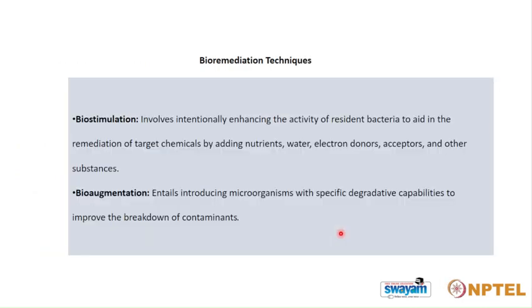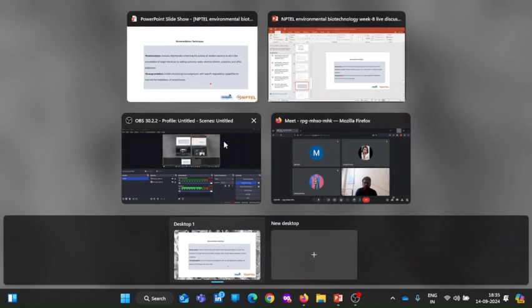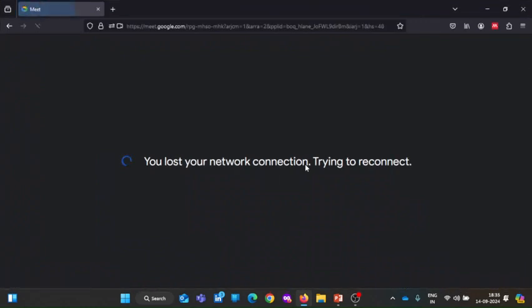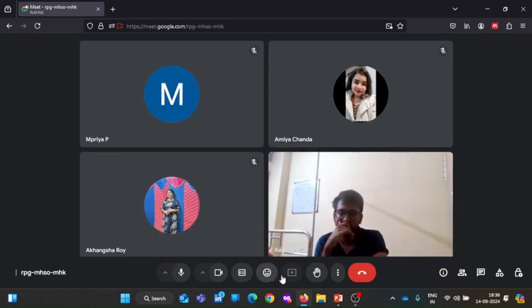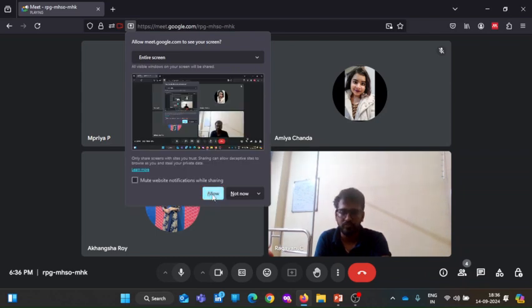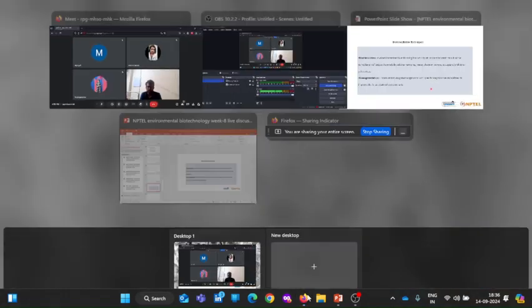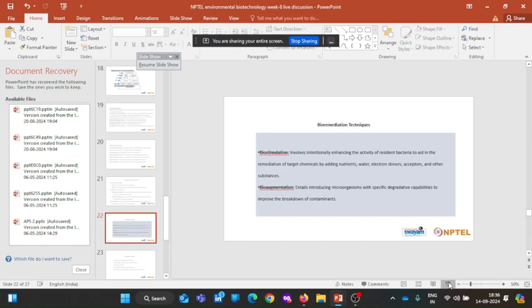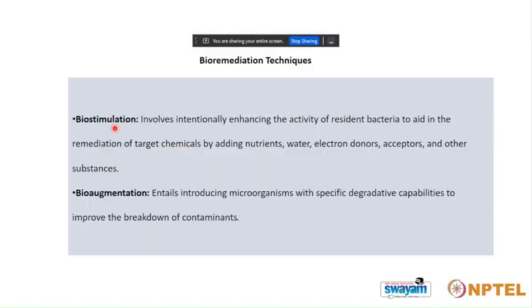And bioremediation approaches can be a biostimulative approach or a bioaugmentative approach.